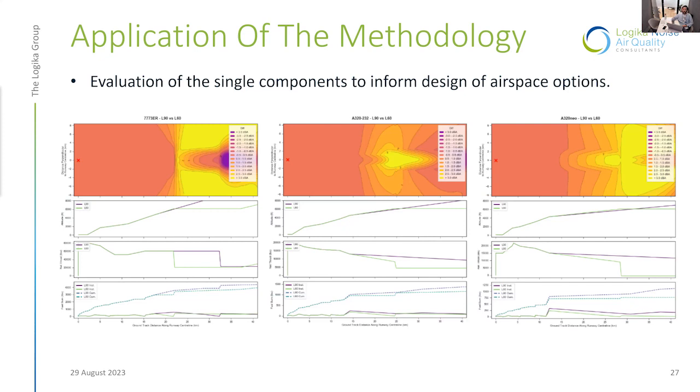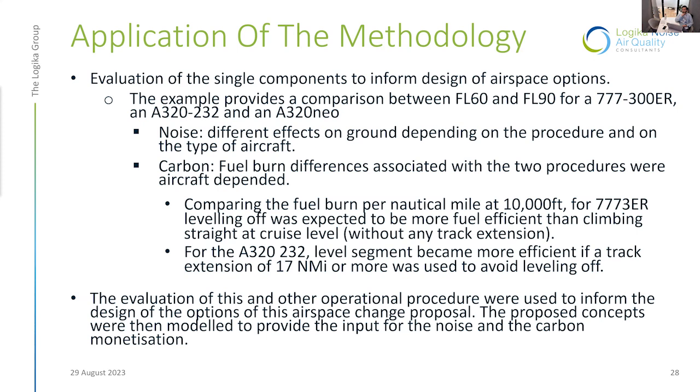What we found is that, for example, by comparison of a level flight at 6,000 feet compared to 9,000 feet, for three different aircraft, 777, A320, and A320 of the new generation, the difference in noise depended on the type of aircraft and had a very geographical effect.